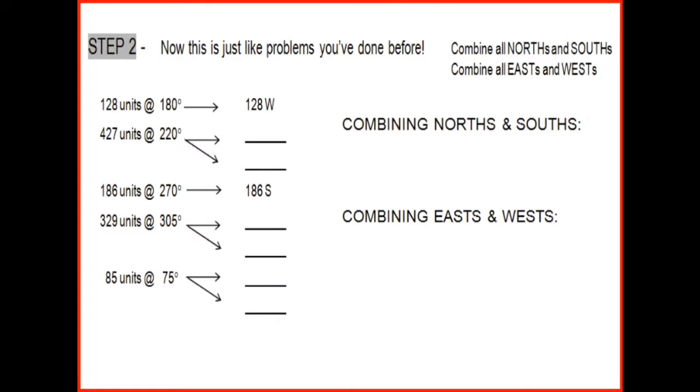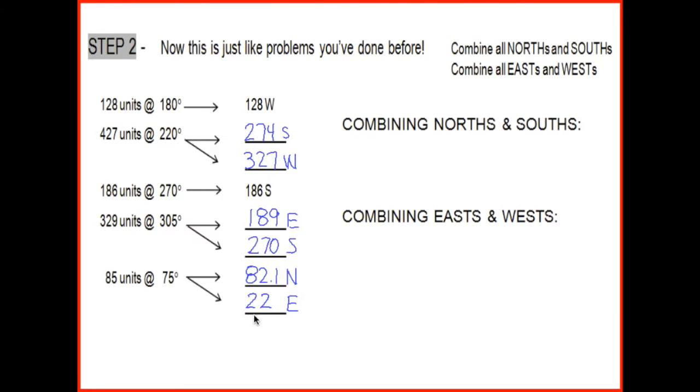So the 128, that was already west. The 427 I broke into components. The 186 was already south. The 329 I broke into components. So I have these two components instead of the 329. And I broke the 85 into components. So I have these two instead of the 85.